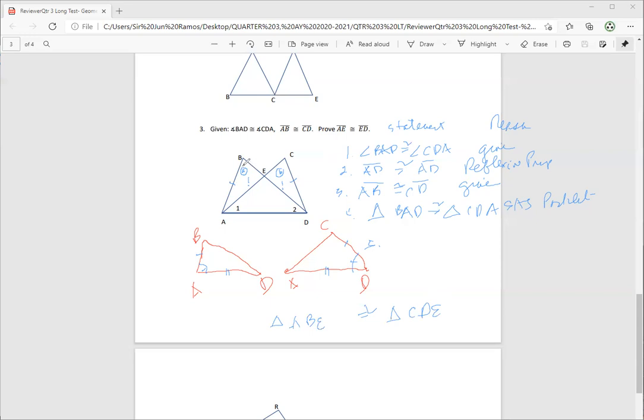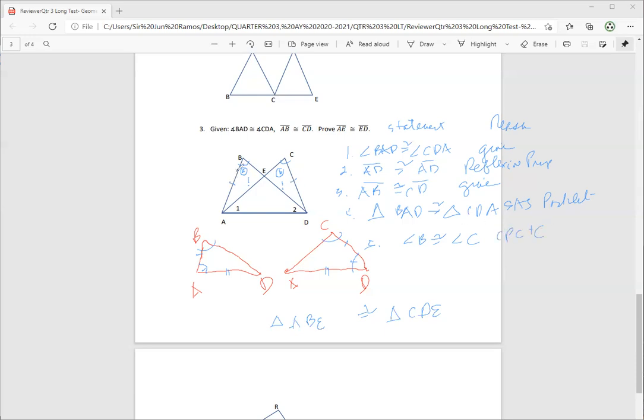Then I also know that angle B is congruent to angle C. So it's not there, so I will write it. Angle B is congruent to angle C. Why is that? Because they are corresponding parts of the big triangles. Angle B here is congruent to angle C here. So I can say CPCTC.